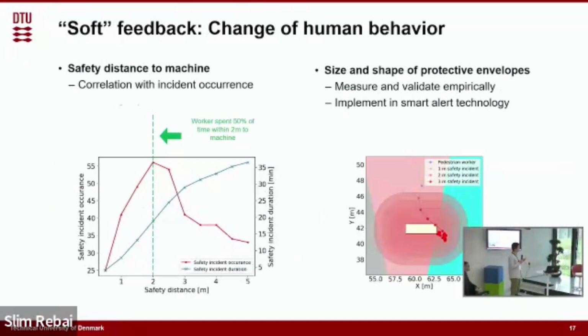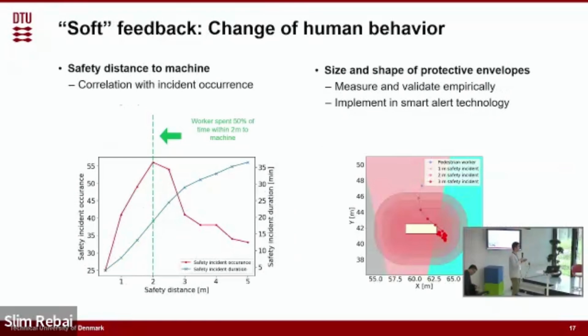The other level of feedback we provide is related to human behavior. We did a preliminary behavioral study on the relationship between the safety distance and the incident occurrence.